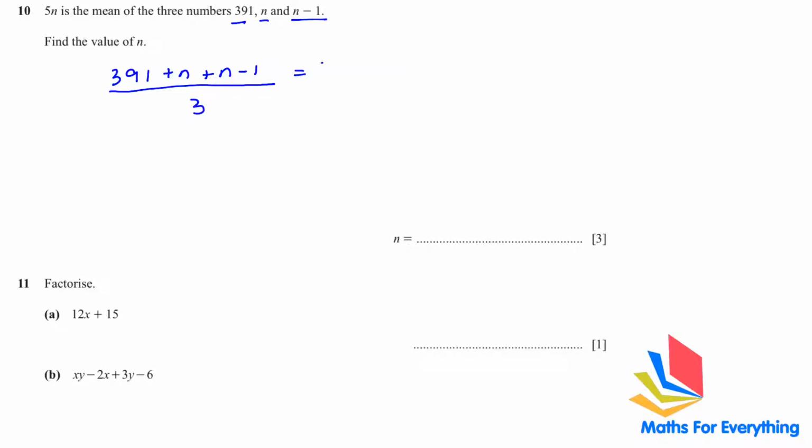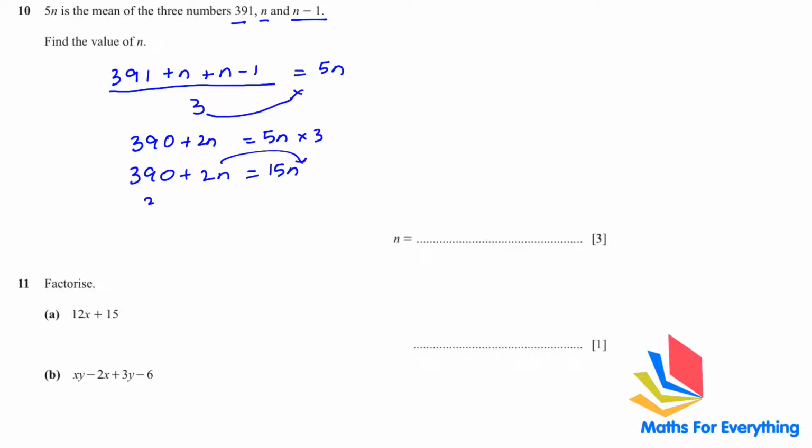Mean is 5n. So now we have to simplify this. 391 minus 1 is 390. n plus n is 2n. 3 is a divide. When we move to the other side, it will be a multiply. So you are left with 390 plus 2n is equal to 15n. Bring the 2n to the other side.